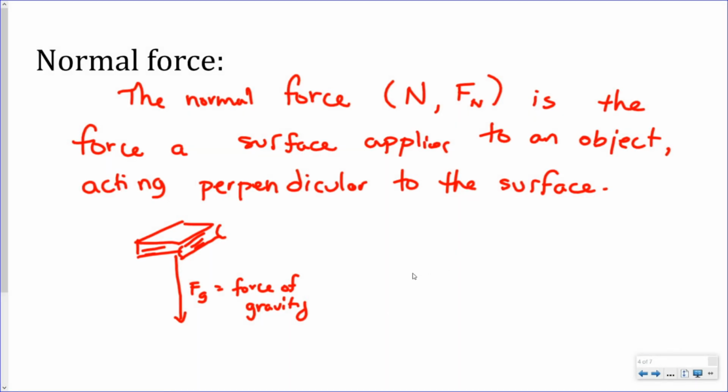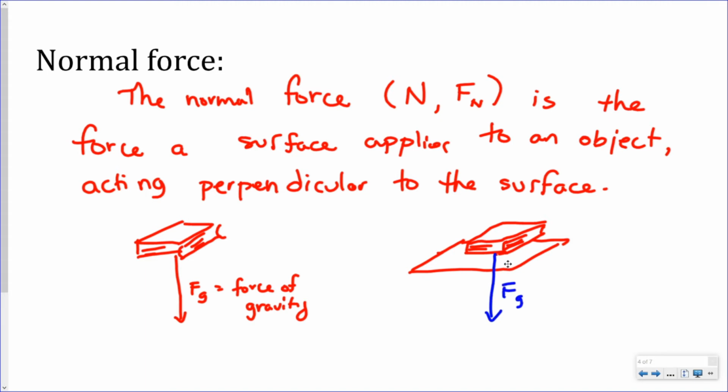Well, what about if we put it on a table instead? So now we have our book. You're all holding your breath, seeing how well I'm doing with drawing. We have our book, and it's sitting on a table right here. It looks like it's kind of hanging off the edge, but that's okay. So it's sitting on the table. We still have, let's use a different color here, gravity trying to pull it down, but what happens?